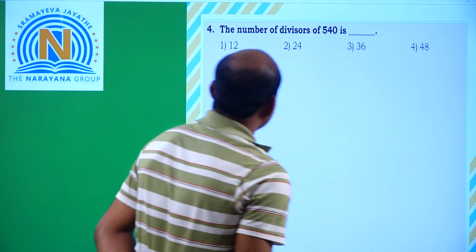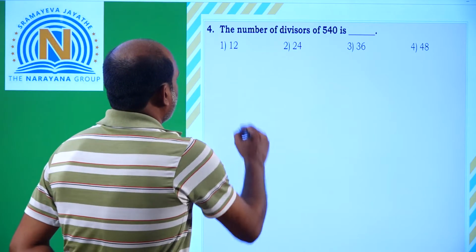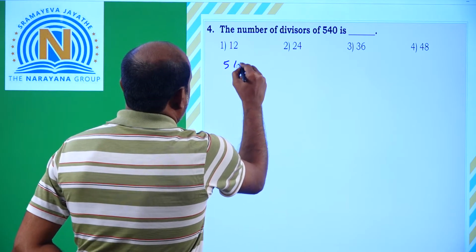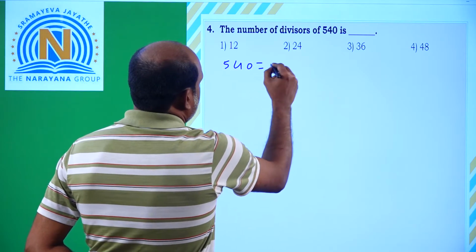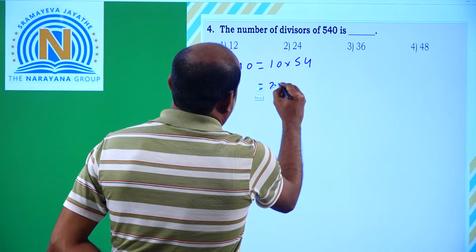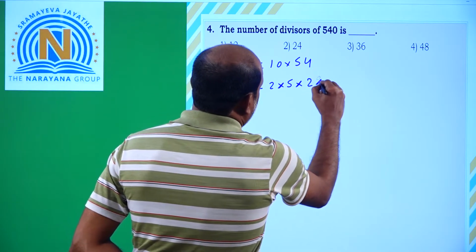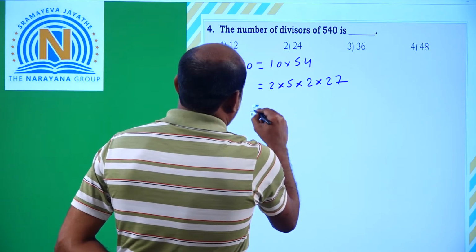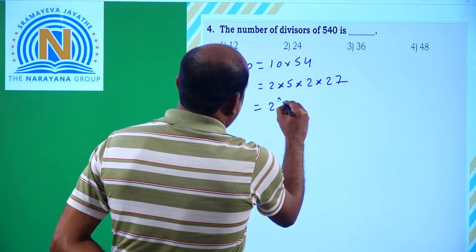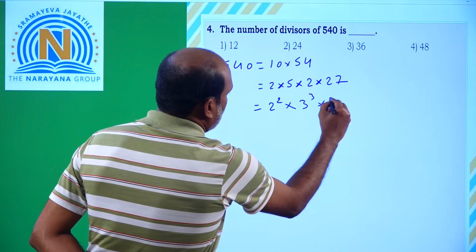Now coming to the next one, the number of divisors of 540. So 540 can be written as 10 into 54, again 10 can be written as 2 into 5, again 54 can be written as 2 into 27, so 2 square into 3 cube into 5.